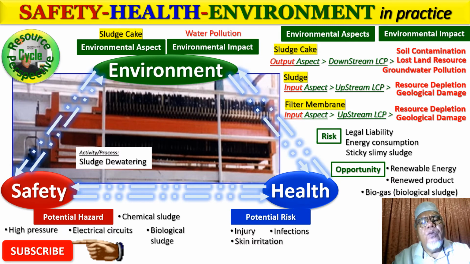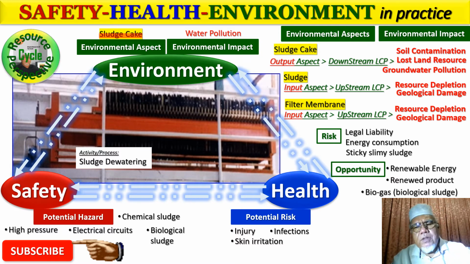So one of the environmental aspects is sludge cake, and we have to manage these environmental aspects well by fulfilling compliance obligations and addressing risks and opportunities. So that's our environmental management system. Now, why is the sludge cake an environmental aspect? Because it interacts with the environment.